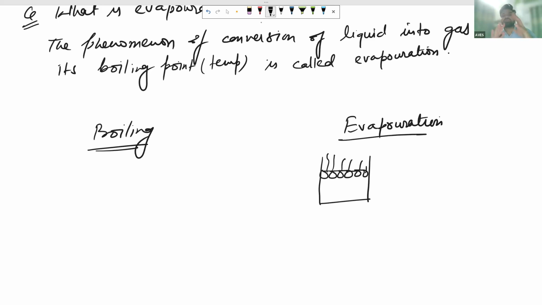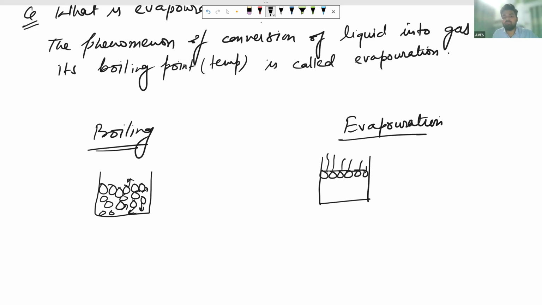The whole water is not affected, which means all the particles are not moving with greater kinetic energy. But when you boil water, not only the surface particles but the other particles also get kinetic energy and move here and there. So it is a bulk phenomenon.